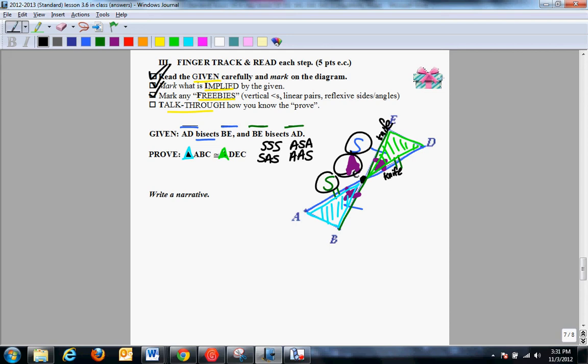So we're going to follow this order and do a narrative. So I'm going to start with this first given information. It is given that AD bisects BE.